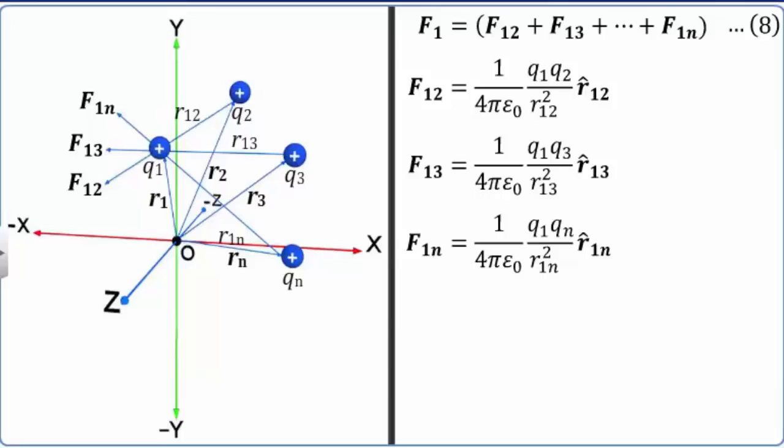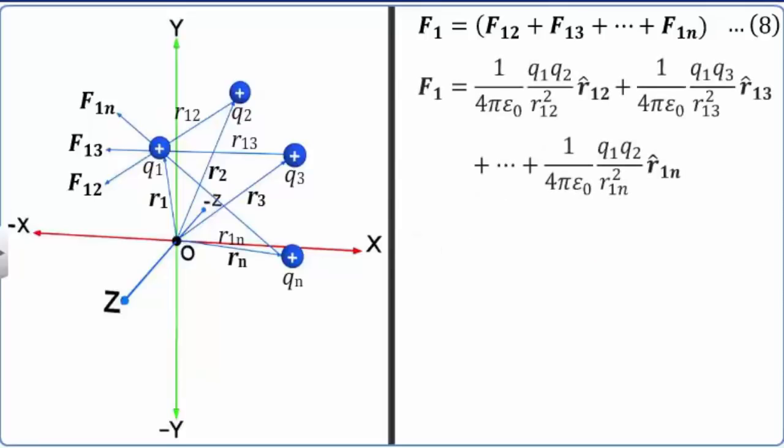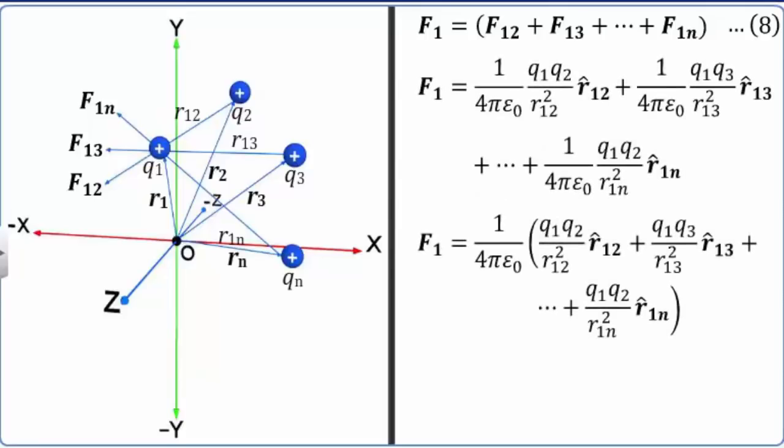R1n is the distance between Q1 and Qn, and R1n cap is the unit vector in the direction of the force F1n. Now, using F12, F13, F1n in the principle of superposition, we have F1 as in equation 9.